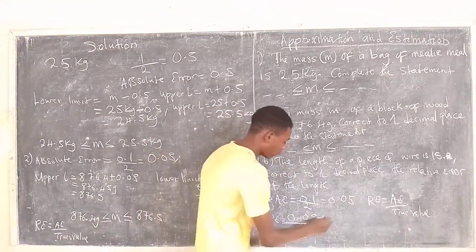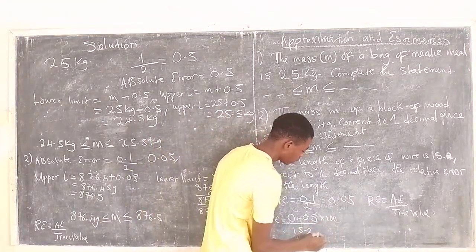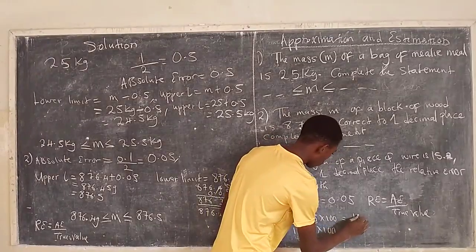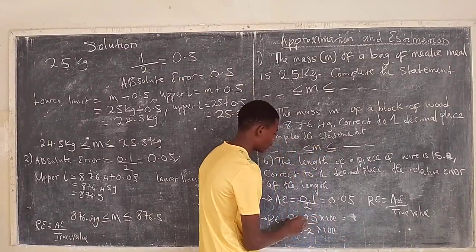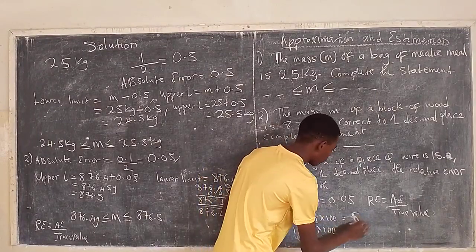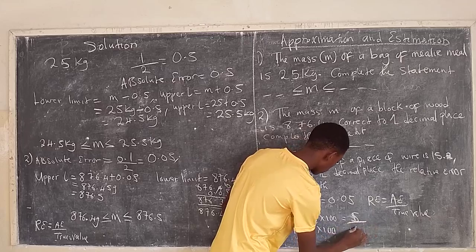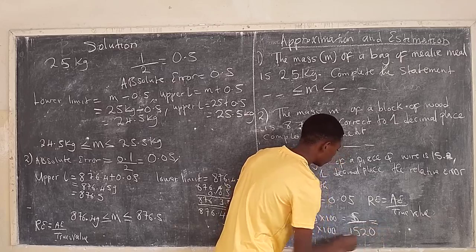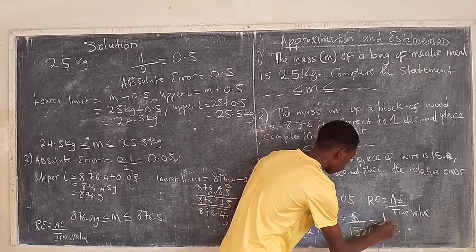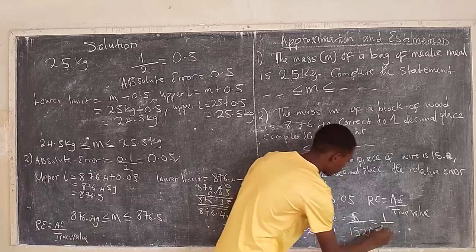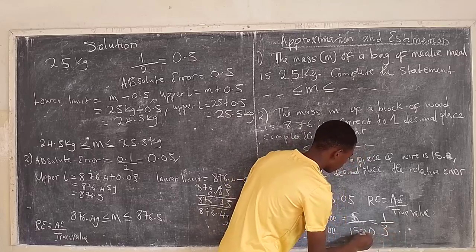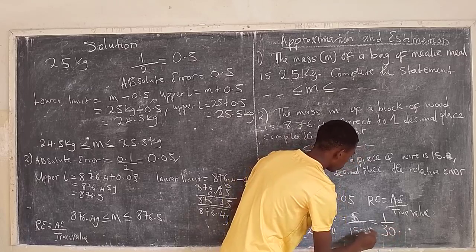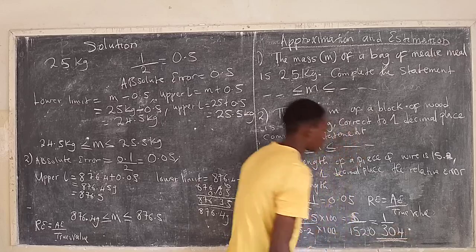We can go further by multiplying by 100 on top and bottom, so that the decimal point moves twice, so we have 5 over 1,520. When we simplify this, we are going to have 1 over 304. So this is our answer.